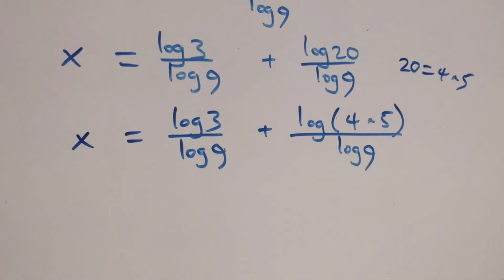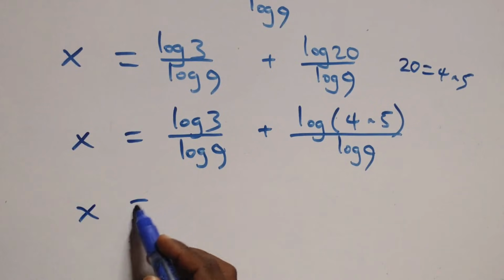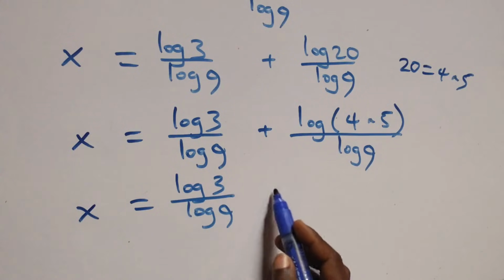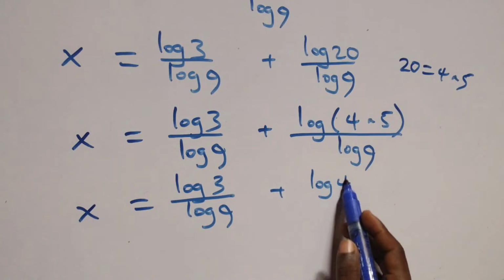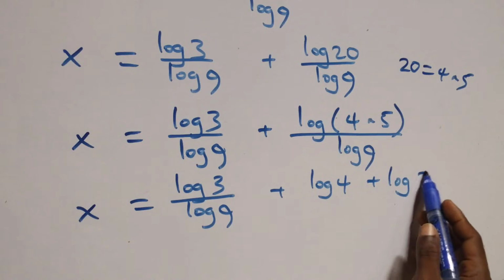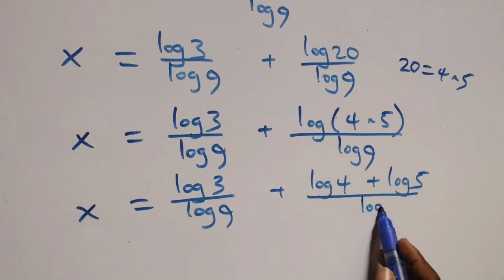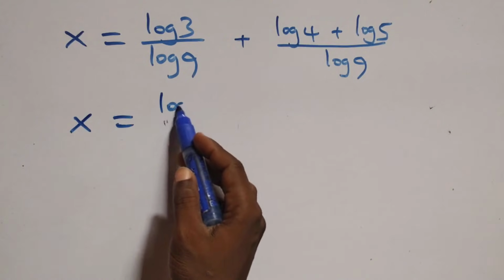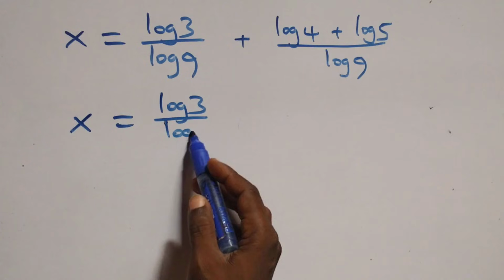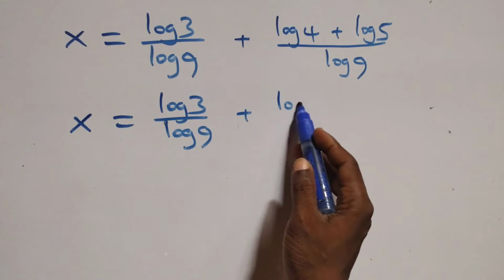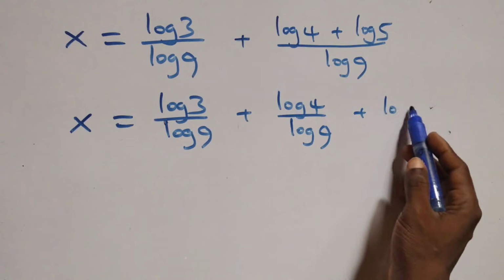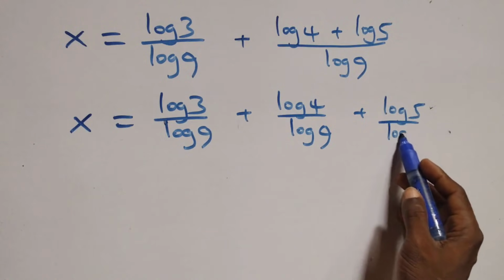That is, this also follows the law of logarithm, and we have x equals to log 3 over log 9 plus log 4 plus log 5 over log 9. Then, next step here, we separate this into two fractions. We have x equals to log 3 over log 9 plus log 4 over log 9 plus log 5 over log 9.